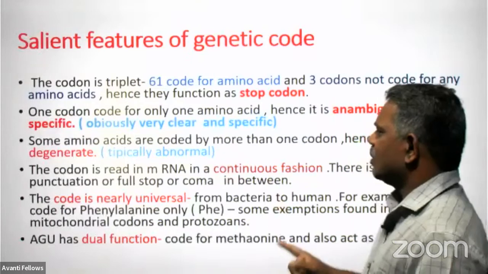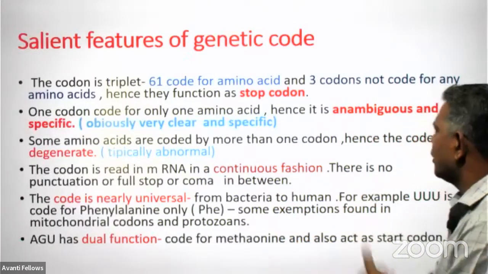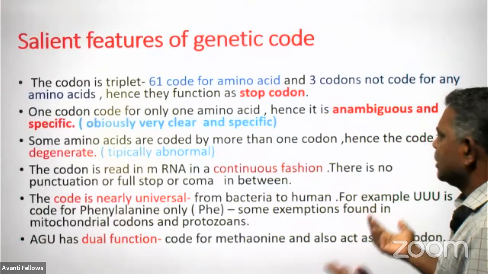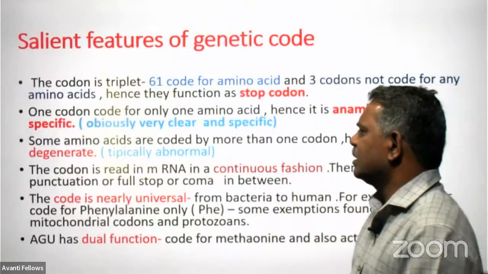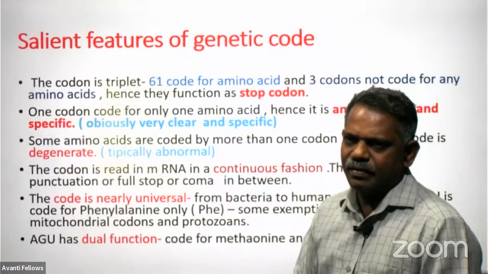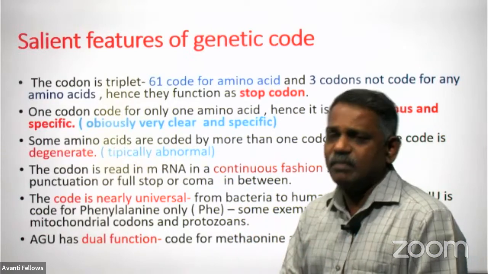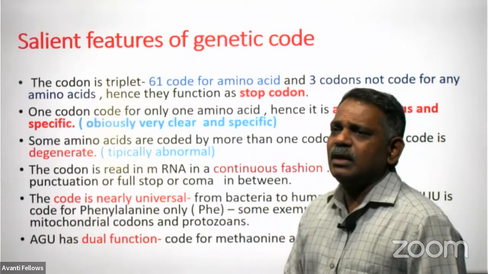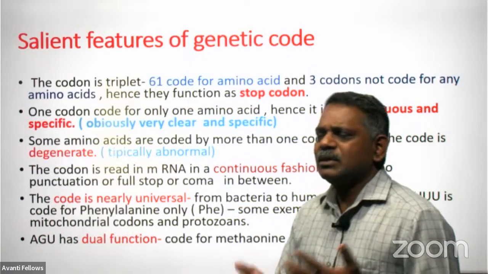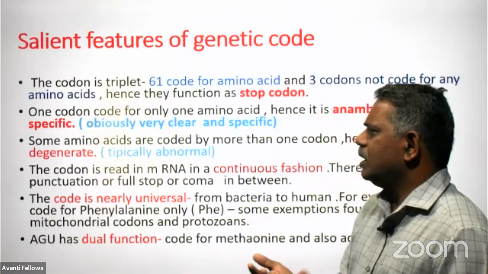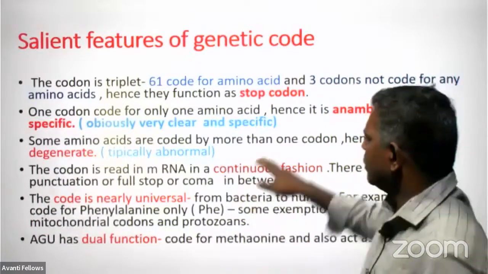Some amino acids are coded by more than one triplet codon. Hence, the codon is what? Degenerate. So only 20 amino acids, but there are 61 triplet codons. So naturally, one amino acid can be coded with many triplet codons.